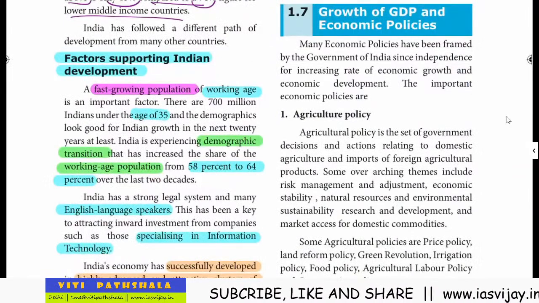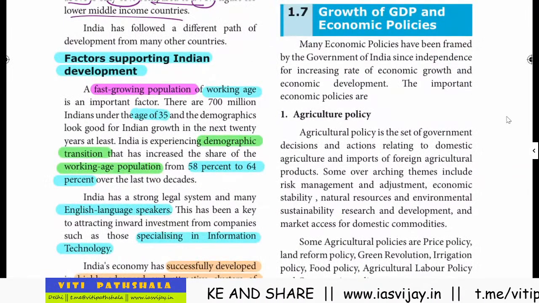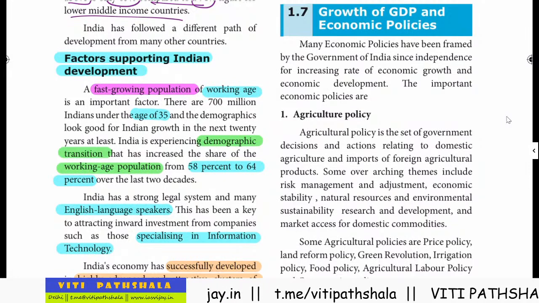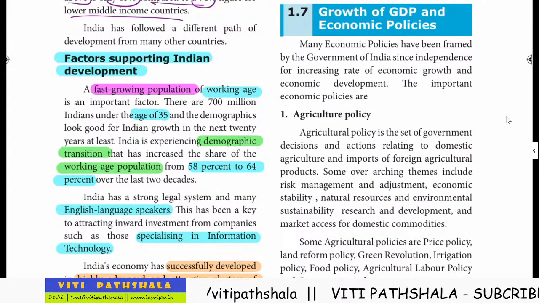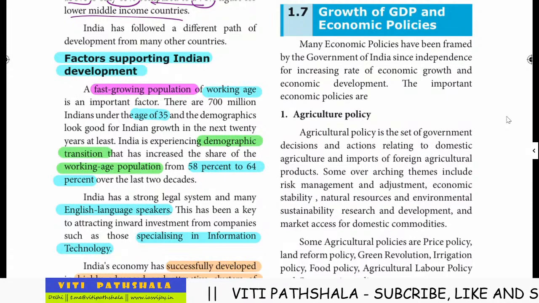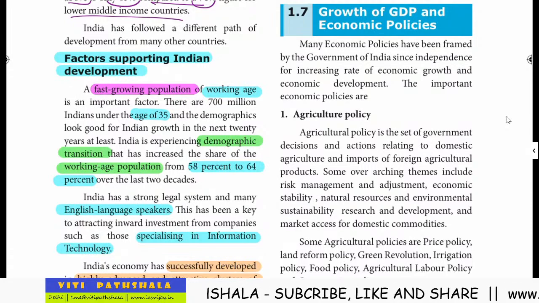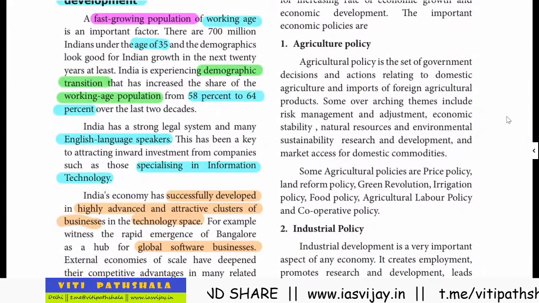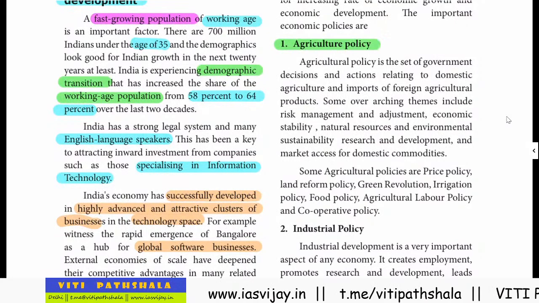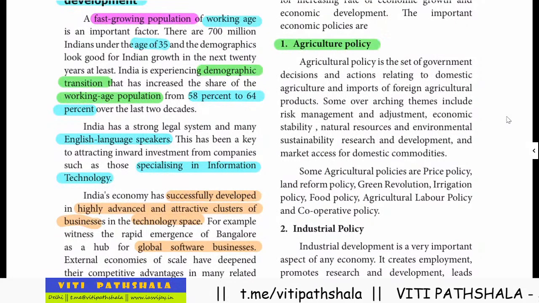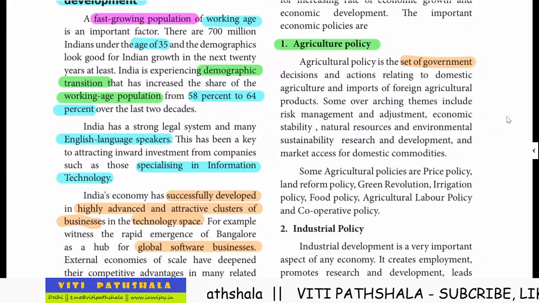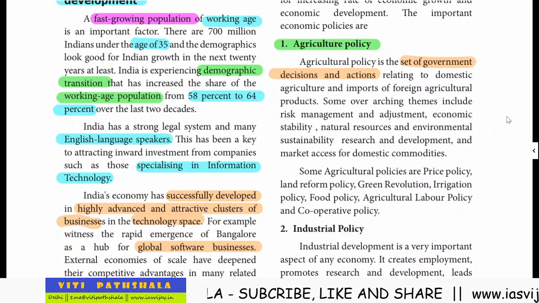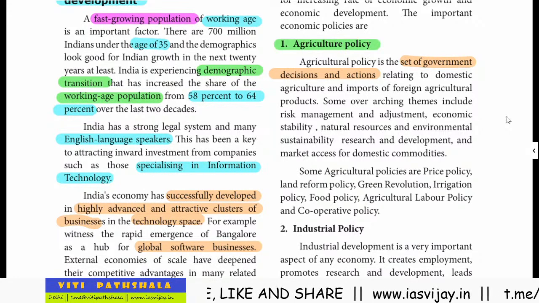Now, next comes the growth of the GDP and the economic policies. Many economic policies have been framed by the government of India since independence for increasing the rate of economic growth and economic development. The important economic policy that comes first is agriculture, and you will find these in the Planning Commission also. Agriculture policy, what is that? It is a set of government decisions and actions relating to domestic agriculture and the imports of foreign agriculture products.